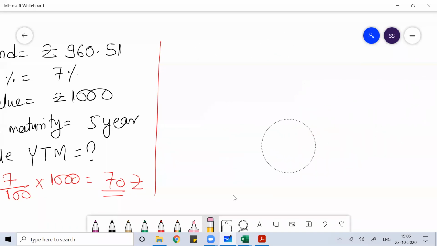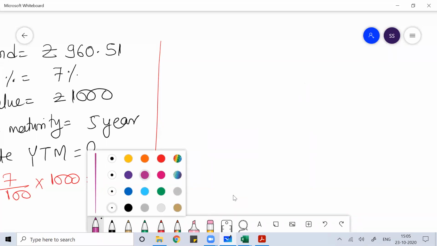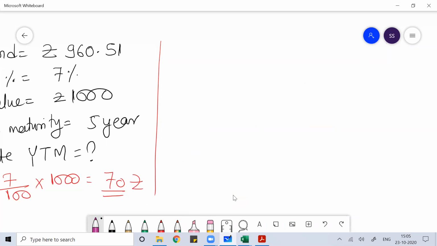Yesterday we discussed the pricing of bond. We know the formula for the price of bond; I hope you still remember it.